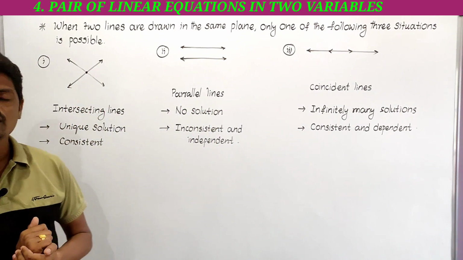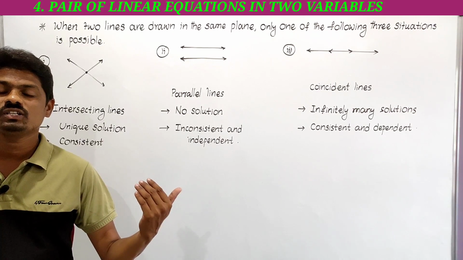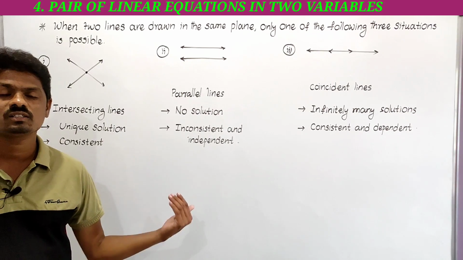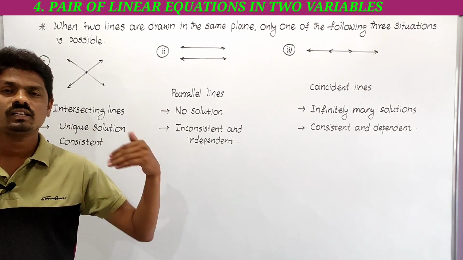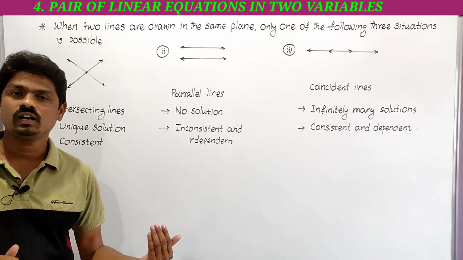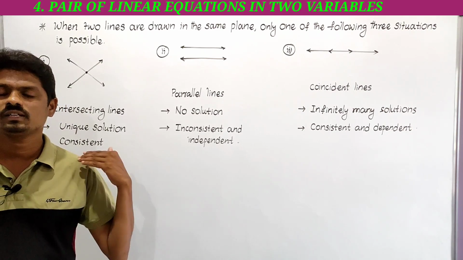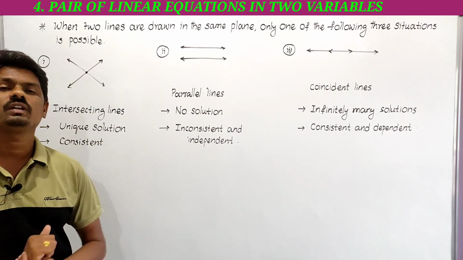Then next, how can we decide whether the given pair of linear equations in two variables are consistent lines or inconsistent lines, or intersecting lines or parallel lines or coincident lines? How can we decide? We can decide based upon the ratio of the coefficients of the given pair of linear equations.